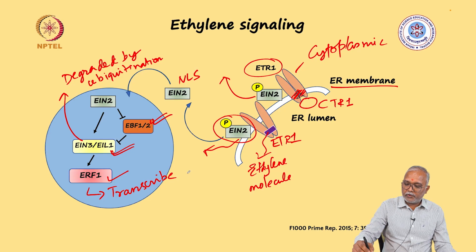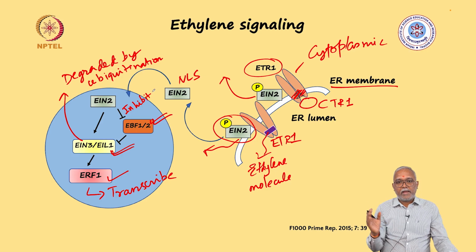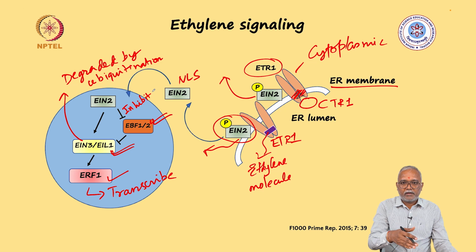But when you have ethylene present, EIN2 moves into the nucleus and it inhibits the EBF. You will notice in multiple examples that inhibiting an inhibitor is a signal for the response to move forward.